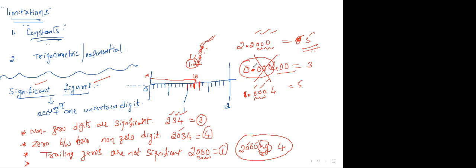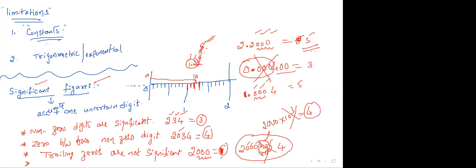Got it? Yes, sir. So the only thing here is you have to be very careful. If you are expressing with a unit or with some power like 2000 into 10 power 3, in this case you can write the significant figure as 4. If I do not write any power or unit, then the significant figure is only 1.